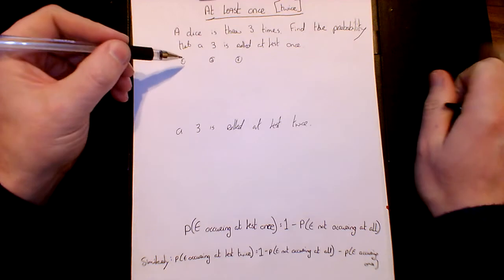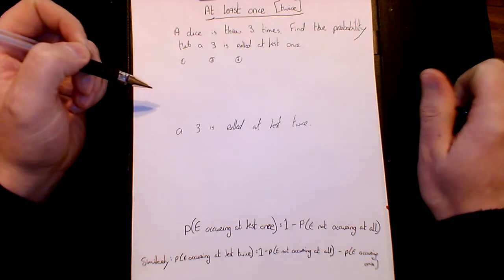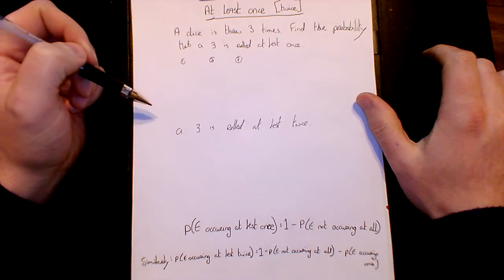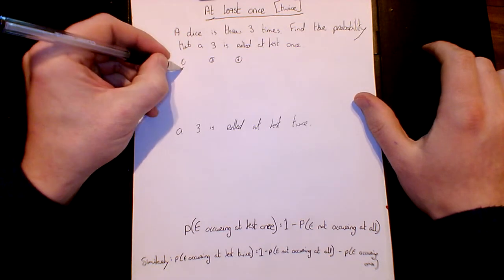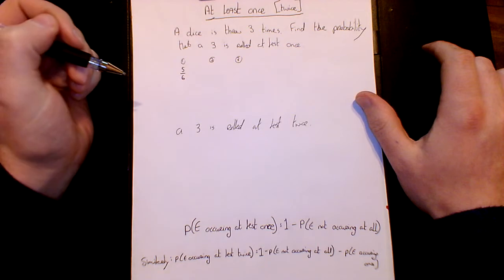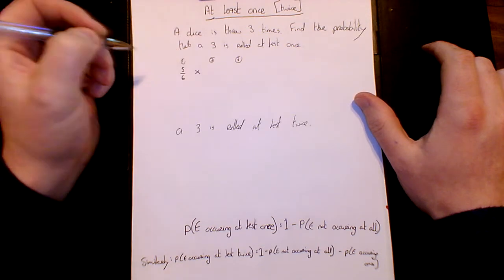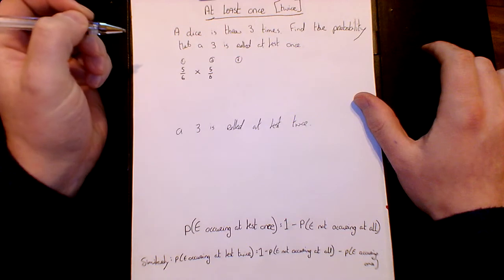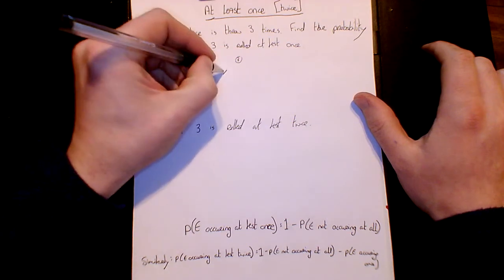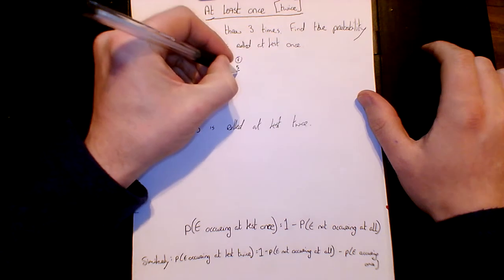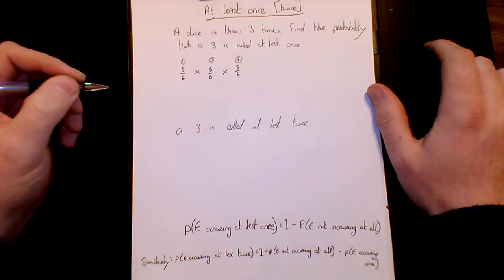So I look at the probability of a 3 not being rolled on my first roll, and that's 5 out of 6, and a 3 not being rolled on my second roll, 5 out of 6, and a 3 not being rolled on my third roll, 5 out of 6.